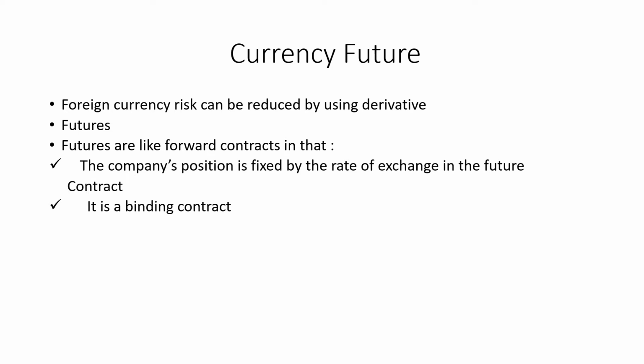Currency futures are future contracts for currencies that specify the price of exchanging one currency for another at a future date. The rate of a currency future contract is derived from the spot rate of the currency pair, and currency futures are used to hedge the risk of receiving payment in a foreign currency.